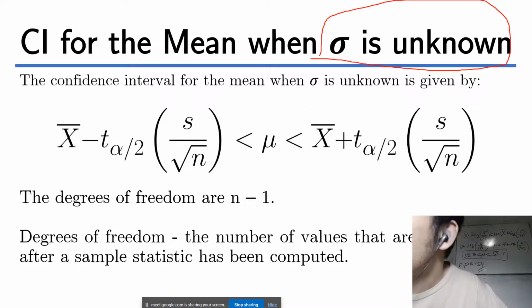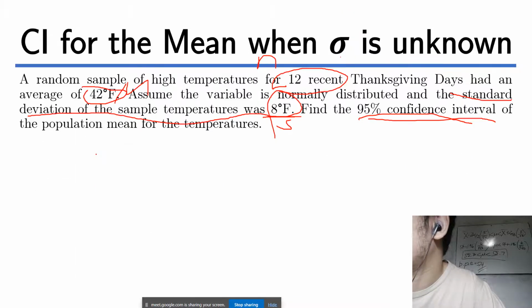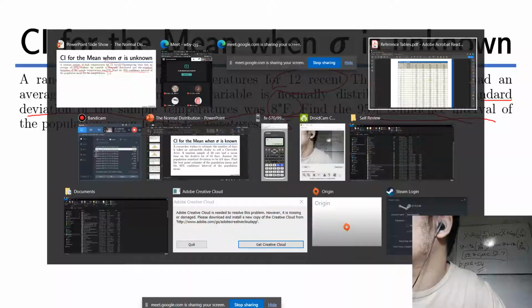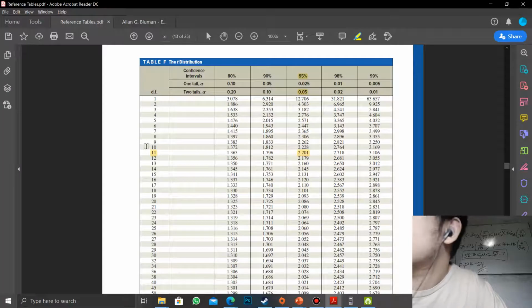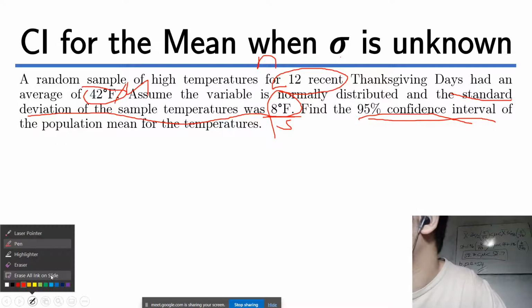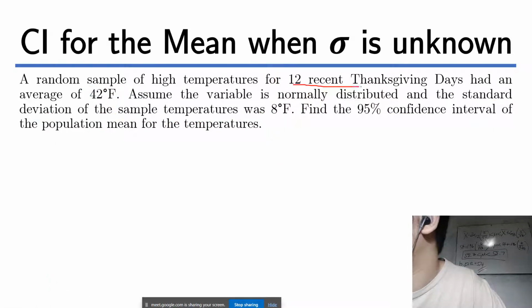So, paano kinukuha yung T-score? Sabi ko nga kanina, ito yon. T alpha over 2. Paano kinukuha yon? Oh, let's go back to our problem muna. n equals 12. Degrees of freedom equals 12 minus 1, 11, no?